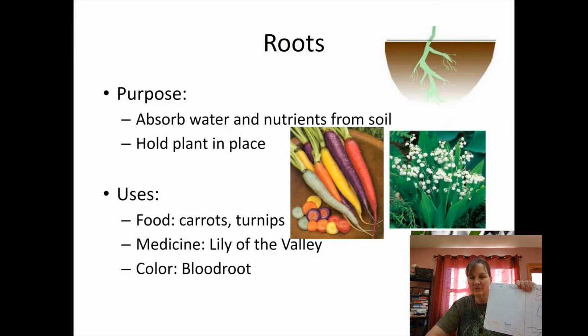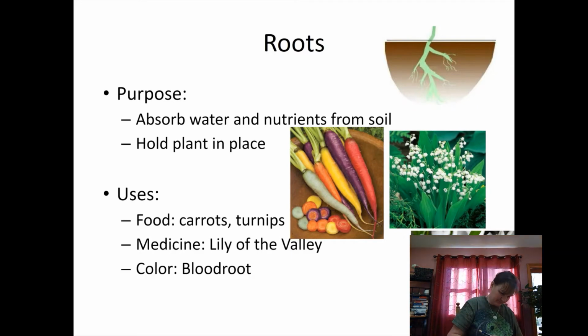So for coloring, maybe for coloring of fabric or things like that. Those are some other things that roots are used for. So I'll leave that up for a moment. I'm also writing in my notebook. And then we'll move on.